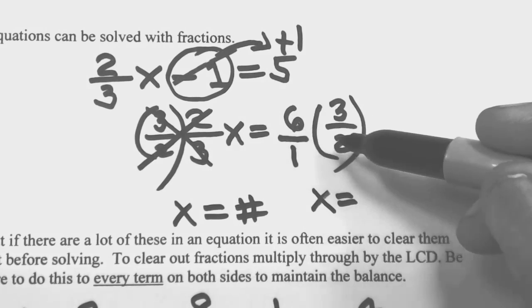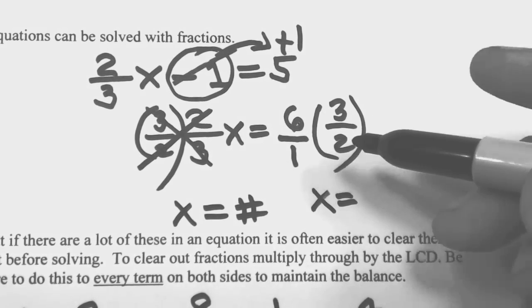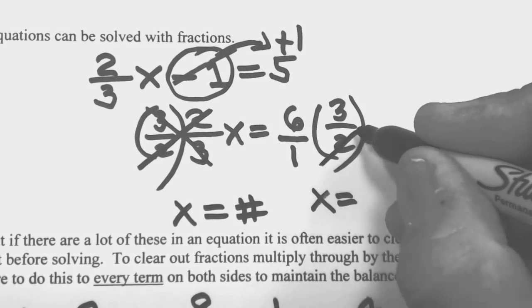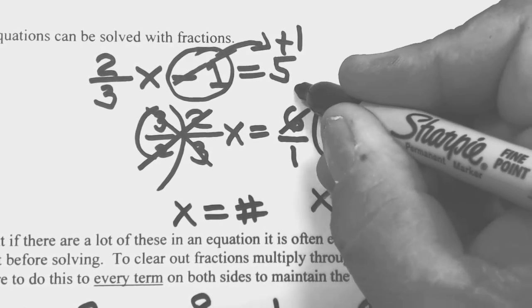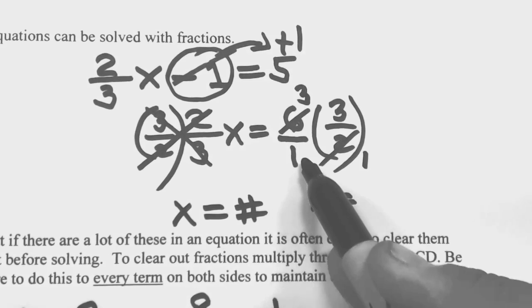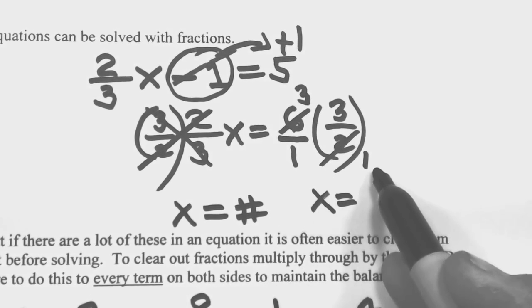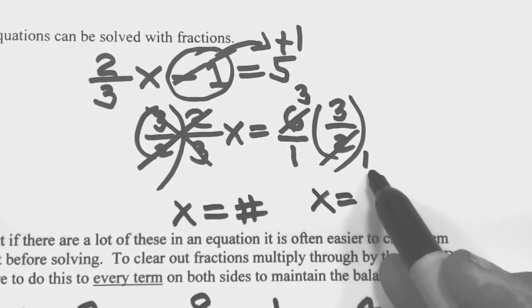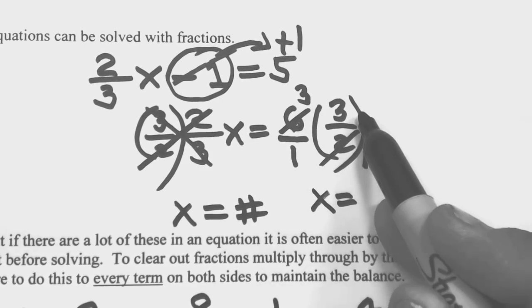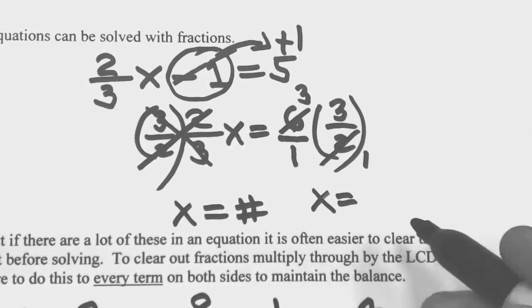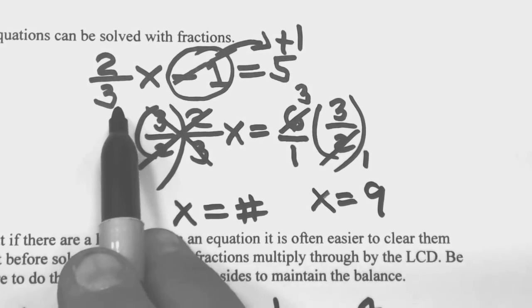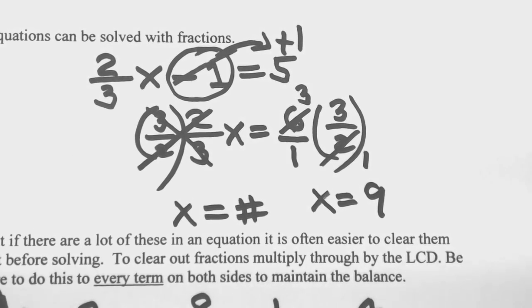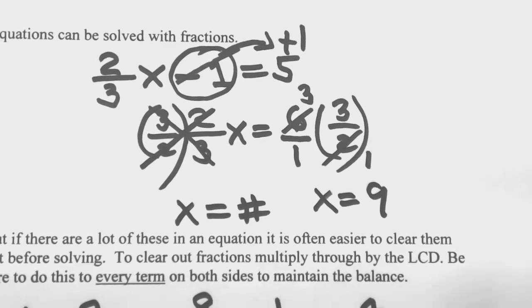We can do some cross-canceling before we multiply this out. 2 goes once into the 2 on the bottom, and it goes into the 6 three times. I've got 1 times 1 on the bottom, and anytime the bottom of your fraction is 1, the answer is just what the upstairs is. 3 times 3 is 9, so x equals 9. So a single fraction like this, you can handle all right. You don't have to get rid of it.